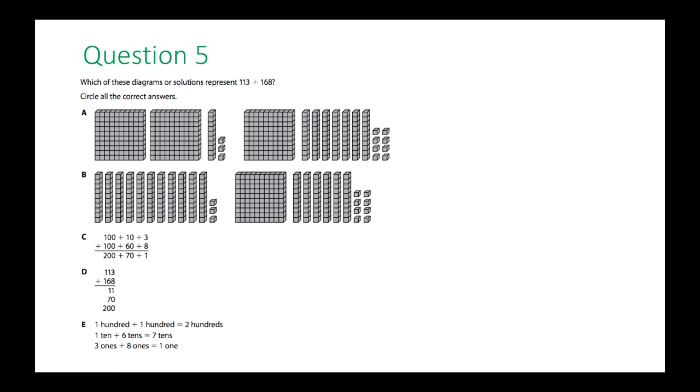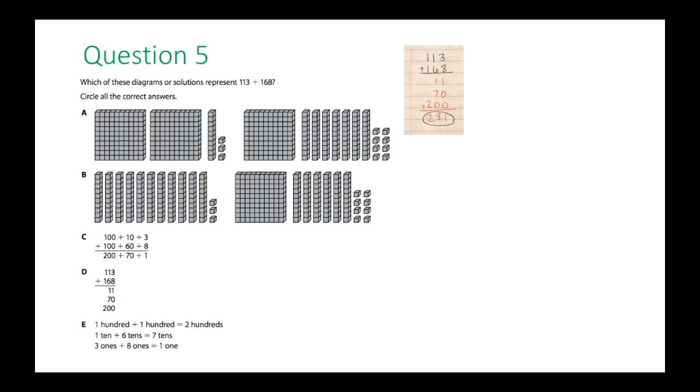Okay, so moving on to question 5. That's our last question. It says, which of these diagrams or solutions represents 113 plus 168? Circle all the correct answers. Before I start solving all of these problems, I need to figure out what the sum of 113 plus 168 actually is.